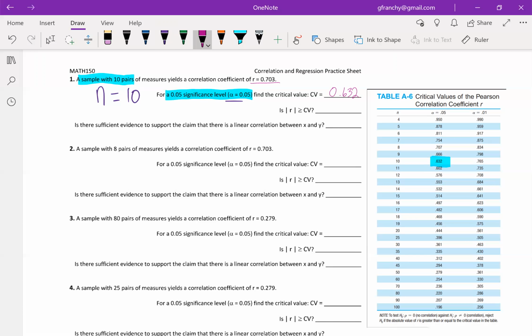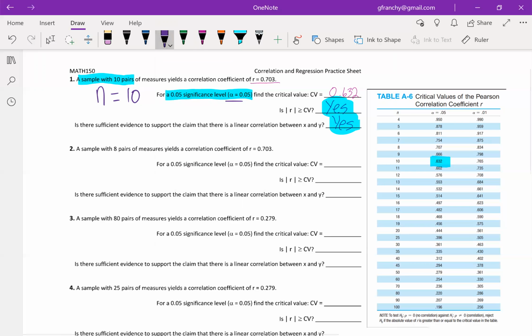So is 0.703 greater than 0.632? Yes, it is. And now, is there sufficient evidence to support the claim that there's a linear correlation between X and Y? Yes, it is. Whatever our answer is here is going to be our answer here.